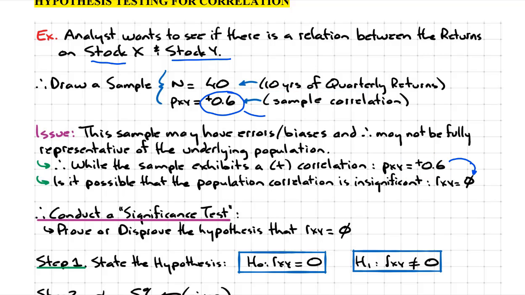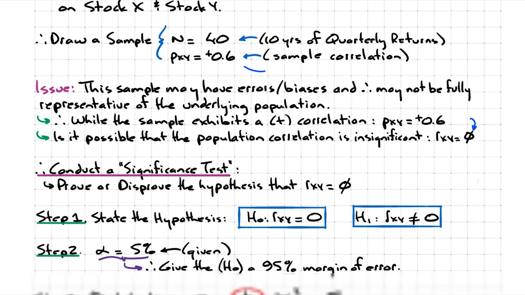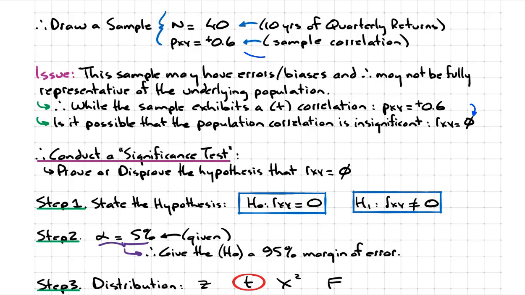Now, even though we're going to be conducting a hypothesis test, this is also referred to as a significance test, because what we're trying to do is prove or disprove the hypothesis that the population correlation is equal to 0. So it's a hypothesis test, but because it's centered around 0, we also refer to it as a significance test. So here's how it's going to play out.